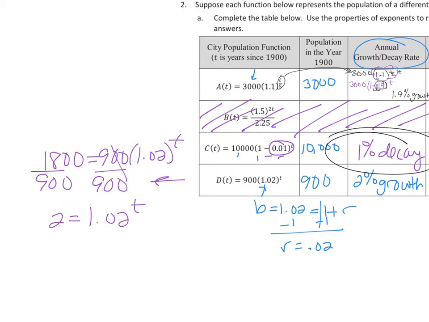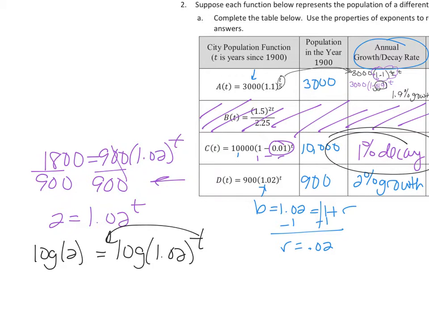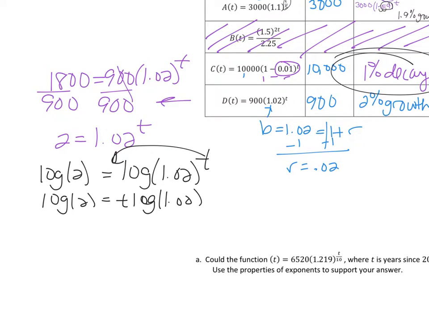Then I'm going to take the log of both sides in order to bring down my exponent. I get log of 2 equals t log of 1.02, and I'm going to divide by log of 1.02.